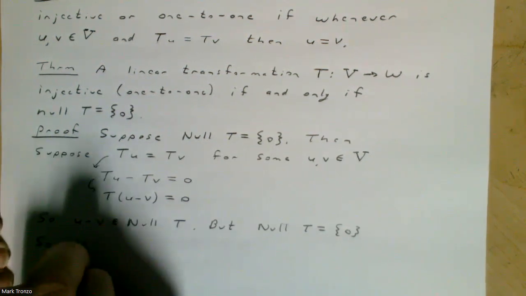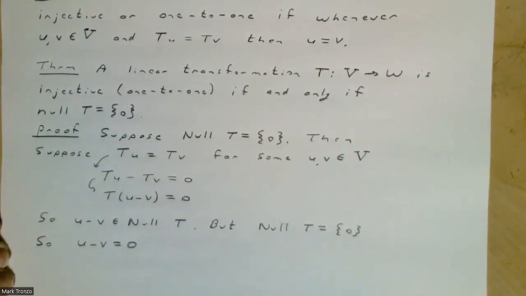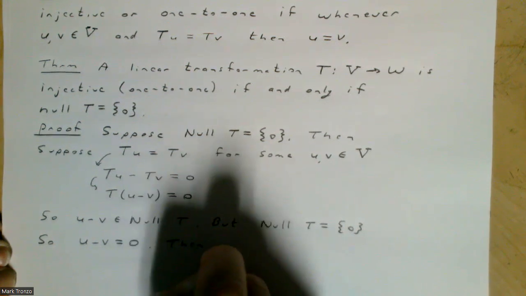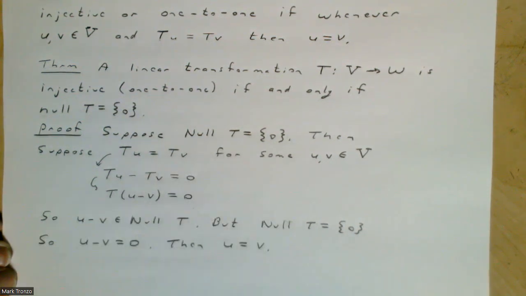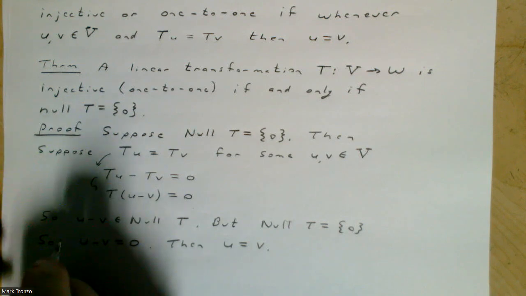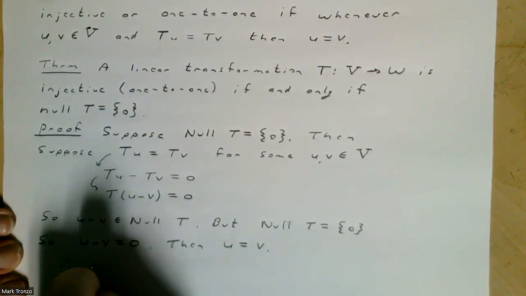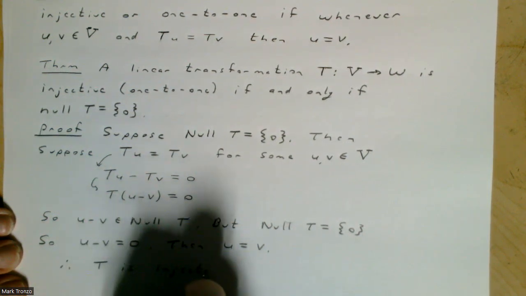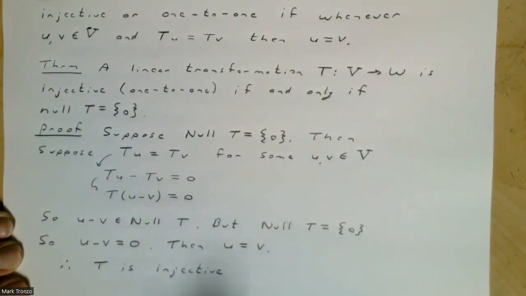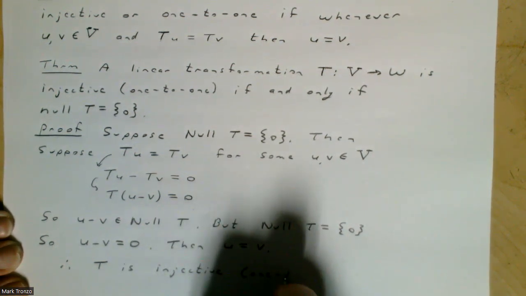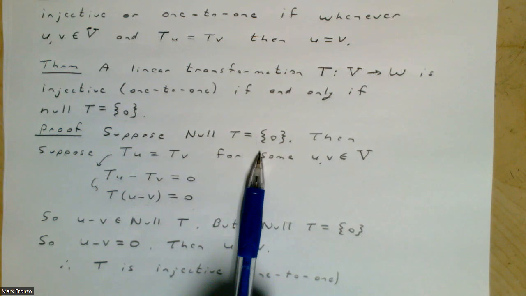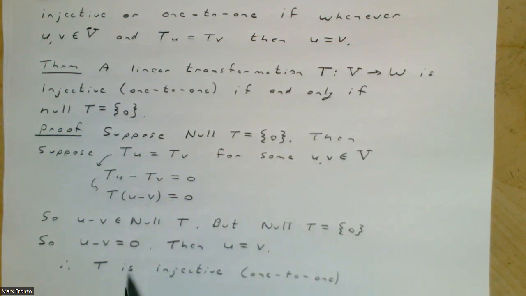So that means that u minus v has to be 0. Then that means u equals v, what we're trying to show. Therefore, T is injective or one-to-one. So we started by assuming 0 was the only thing in the null space and were able to prove that this implies T is injective.